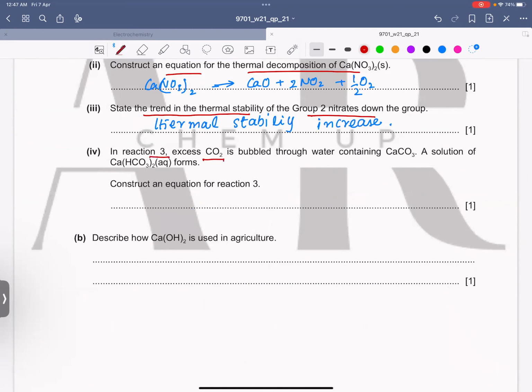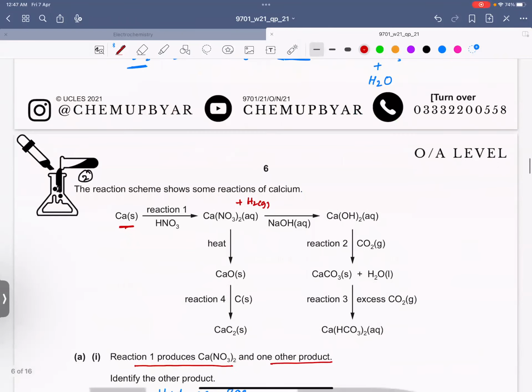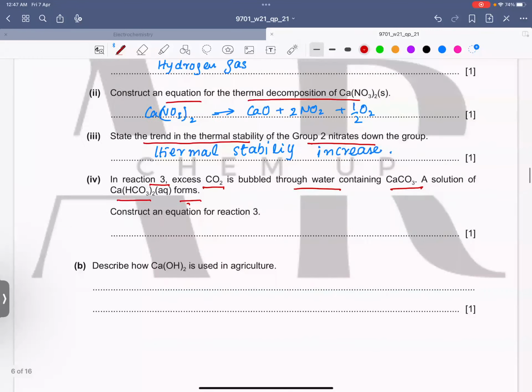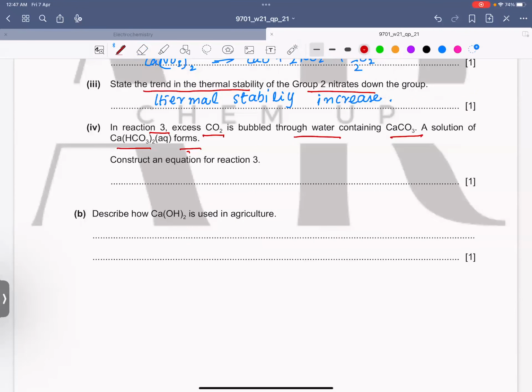Now the fourth part. In reaction 3, carbon dioxide is bubbled through water containing calcium carbonate. A solution of calcium hydrogen carbonate forms. Write an equation for reaction 3.